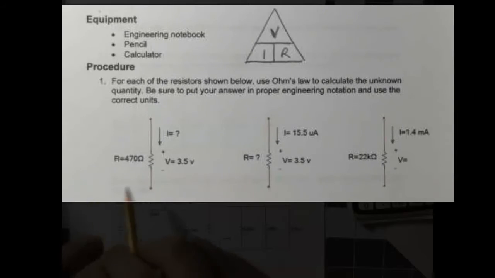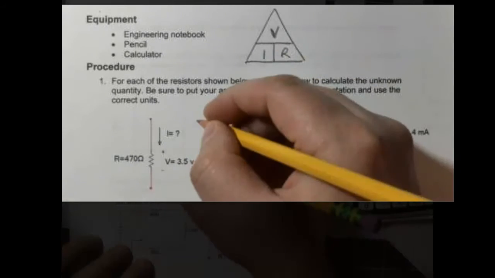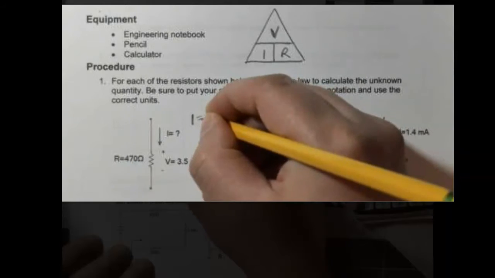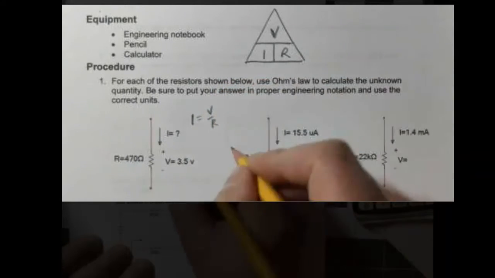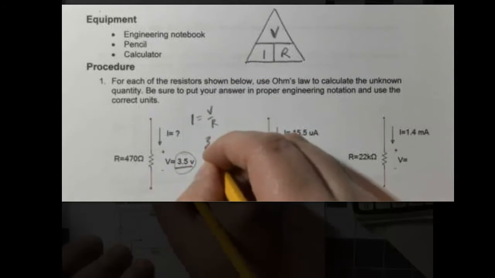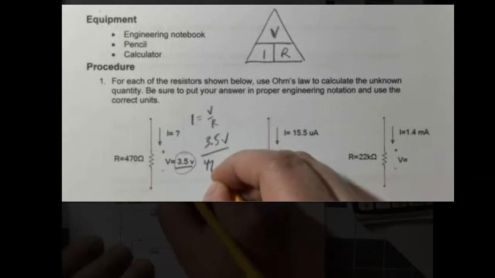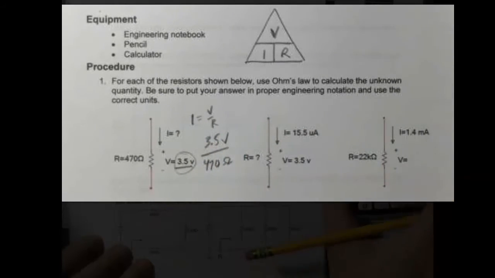Okay, so let's plug in some values. So we're looking for I is equal to V divided by R. V here is 3.5, so 3.5 volts divided by 470 ohms.